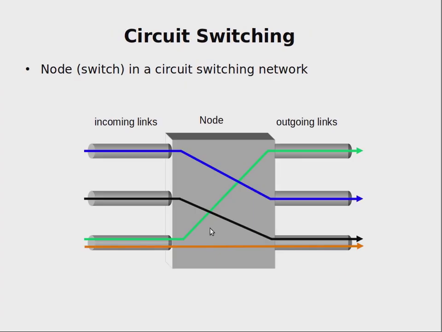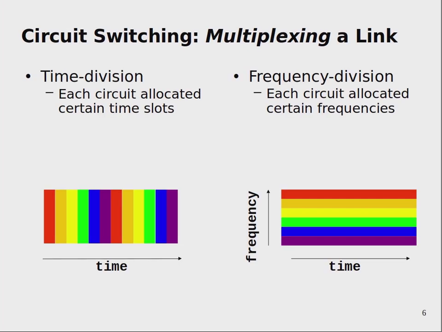The good thing about such an approach is that you can always guarantee some kind of minimum service: if this connection is established, you will be able to communicate. The not so good thing is that you need to wait in a queue. For example, you can't get a free switch to prepare your circuit from one place to another if this box here is busy. So either you get guaranteed quality of service, or you need to wait in a queue.